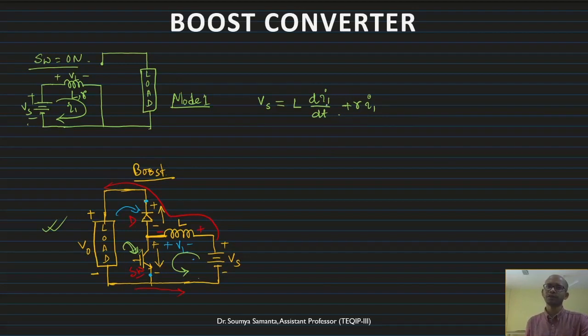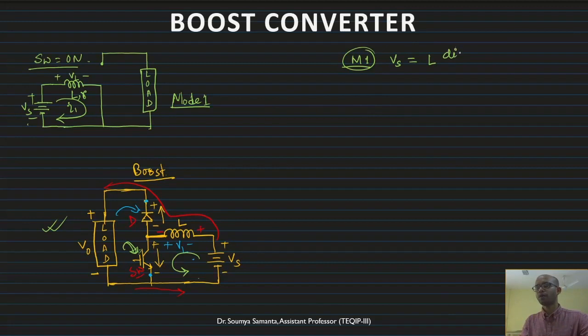So this is the circuit behavior for mode 1. Let us save some space here and write the equation: Vs equals L di1 by dt plus R I1.